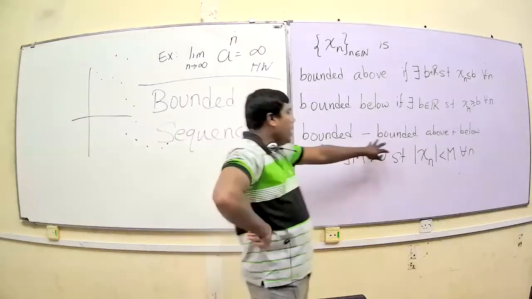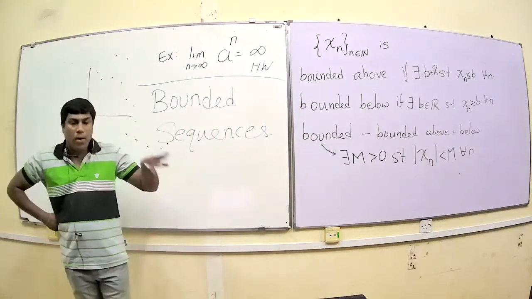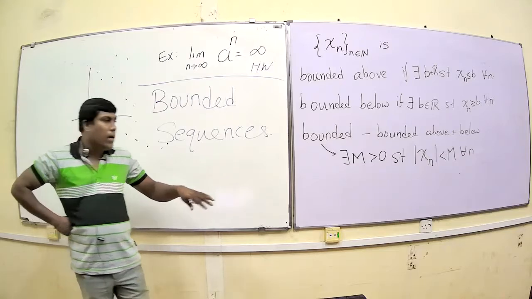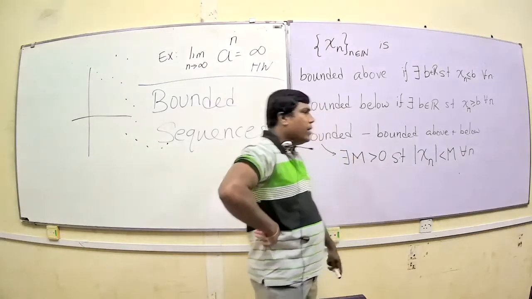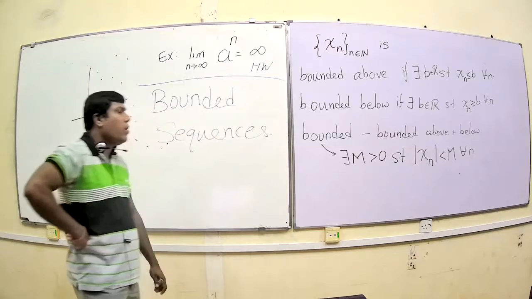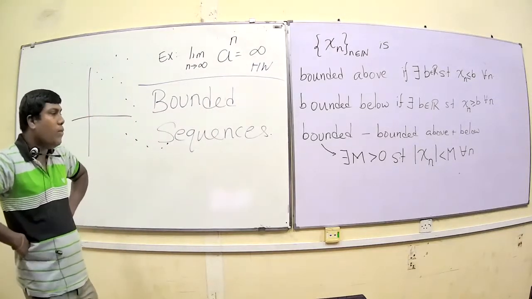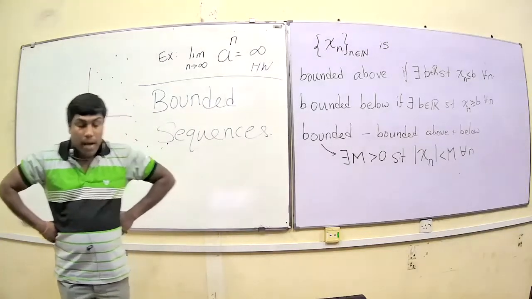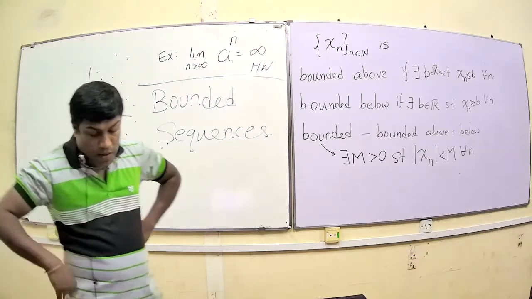Obviously, if it is bounded, it should be bounded above and bounded below, but in general, this is how we define a bounded sequence: if the absolute value of the range of the sequence is less than a fixed positive number m, then we call it a bounded sequence.